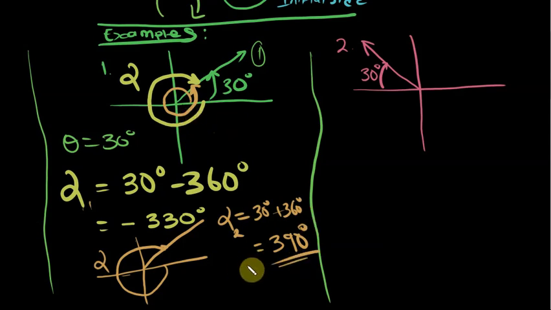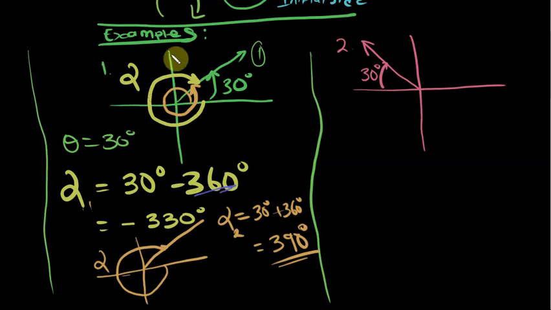There we go, two coterminal angles, and so on and so on. If you wanted to get another one, you would say 360 times 2, that is 720.